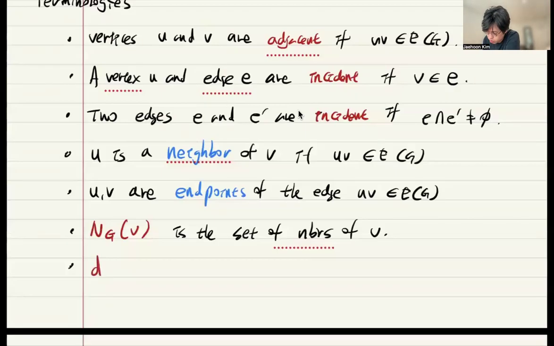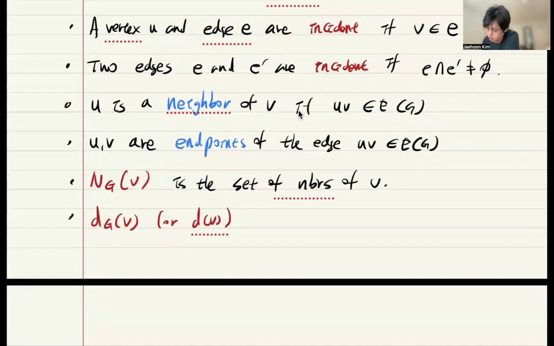And we also write d(V). So again, the subscript G we often just omit.